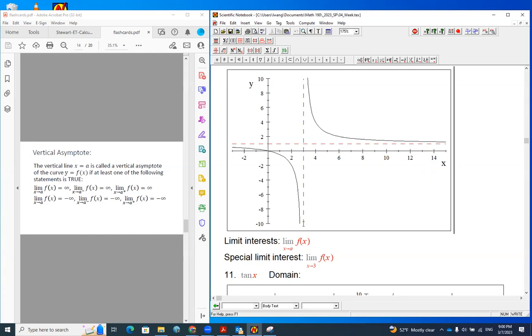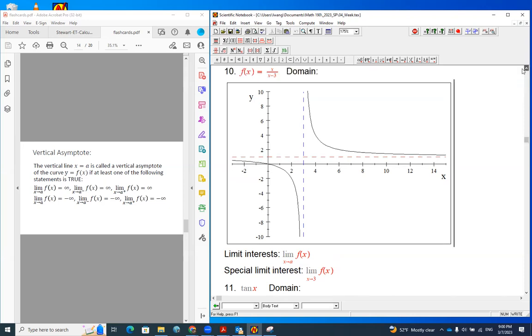If we're not thinking about domain, then you say, well, what's the domain? If a is not 3, the rest of it is just direct substitution. The domain here is x is not equal to 3.